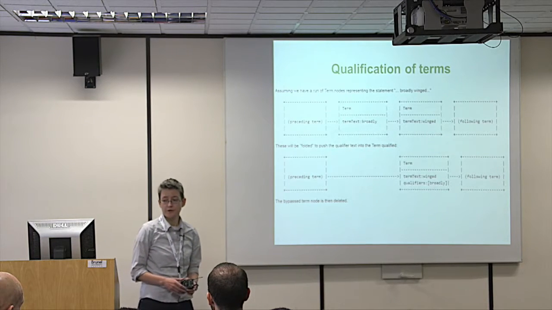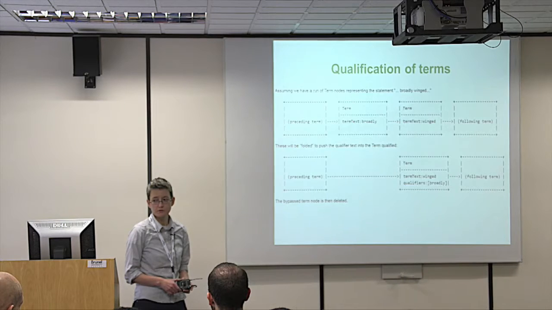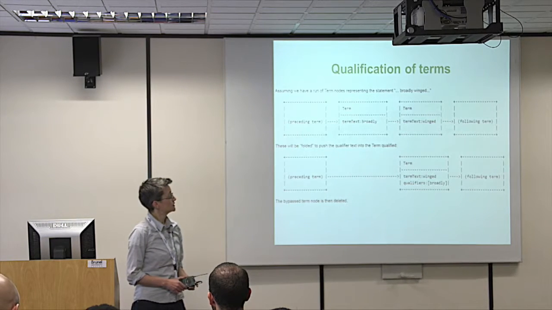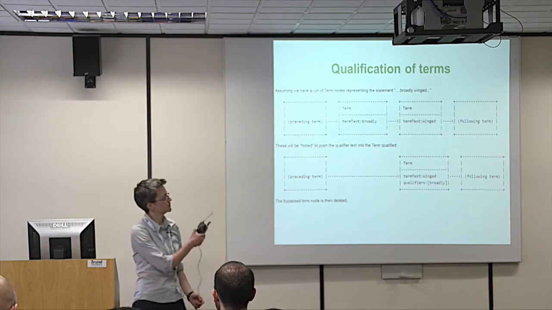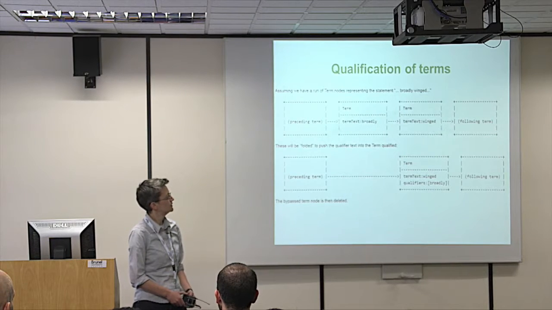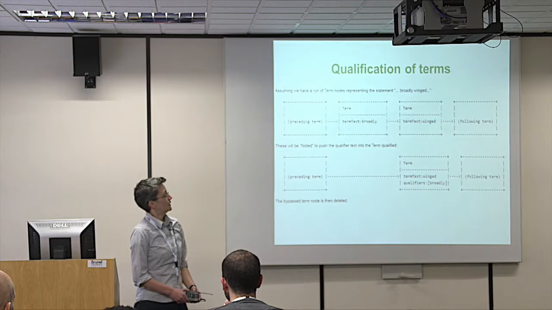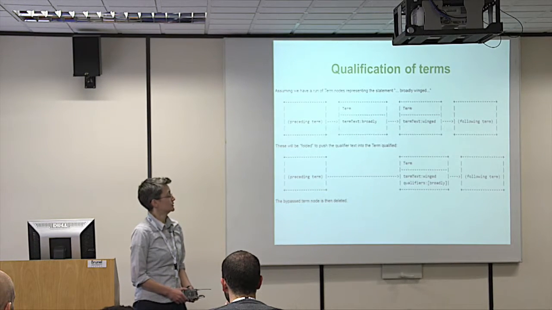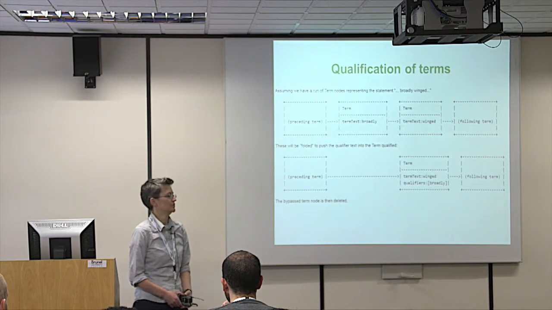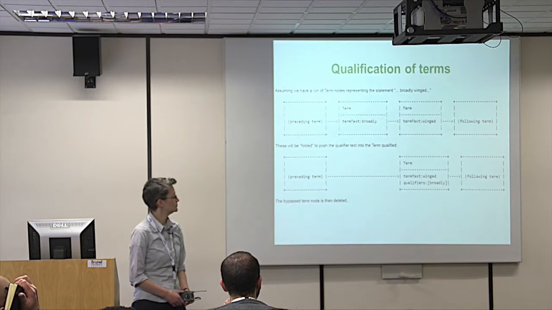And using that directed graph representation, I've folded those qualifiers into the term that they qualify. So you have to forgive the ASCII art, but you can see that on the top level there's what was just a term, broadly, and it was qualifying the term winged, and it's been pushed in as a qualifier, so it doesn't really have a presence of its own anymore.